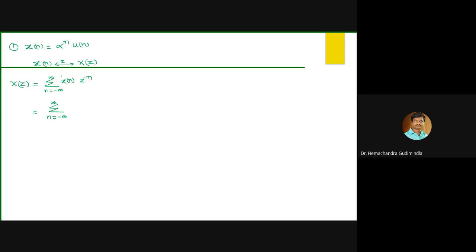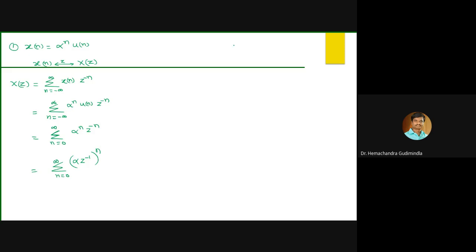What is this x of n? Alpha power n into u of n, into z power minus n. Now since u of n is there, your limits will become summation n equal to 0 to infinity alpha power n z power minus n. Now I will write it as summation n equal to 0 to infinity alpha into z power minus 1, whole power n.